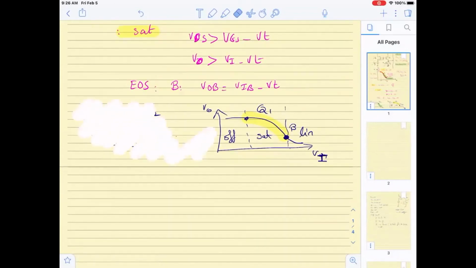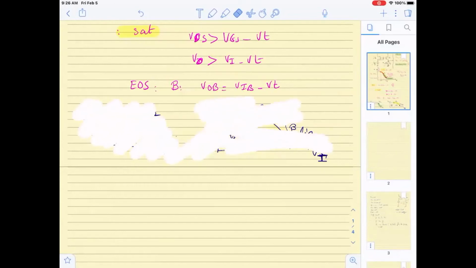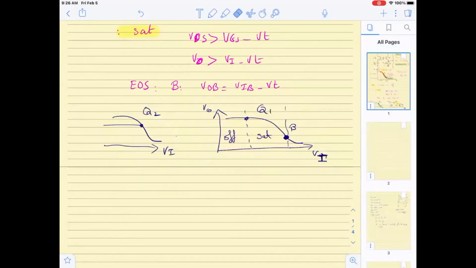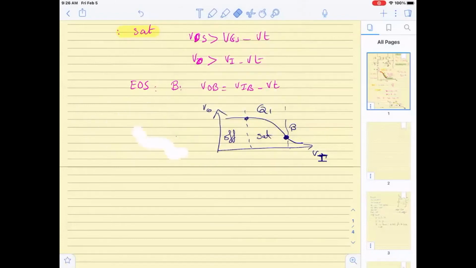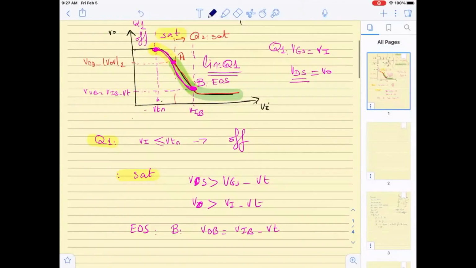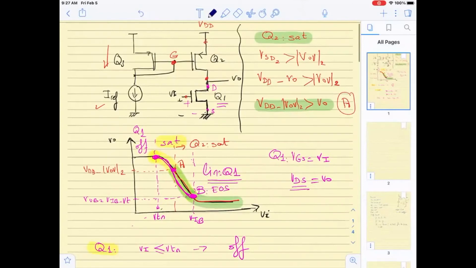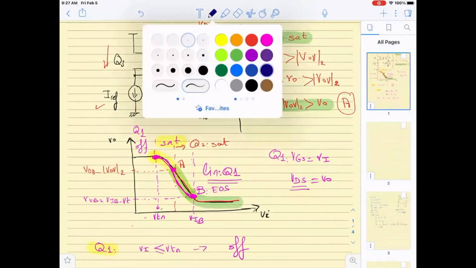Okay, regarding Q1, let us talk about Q2, sorry, the current mirror. Okay, let us look at the current mirror. For the current mirror circuit, let me redraw it, that's the best way.